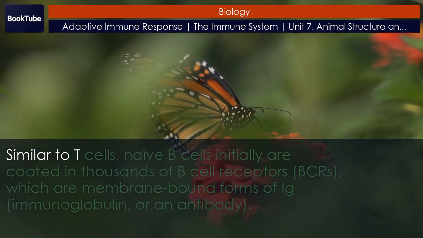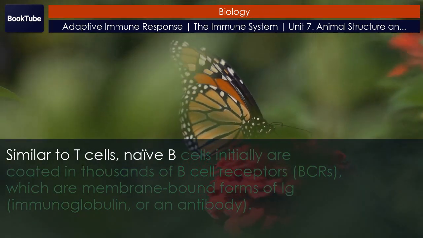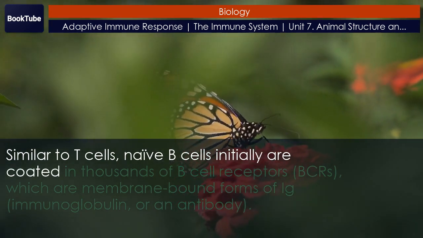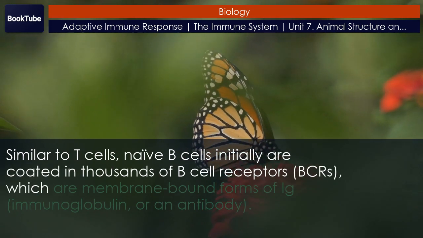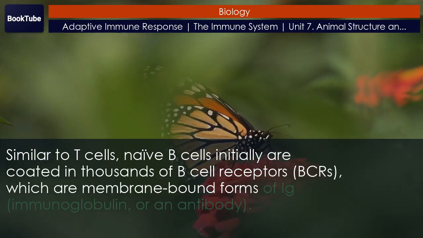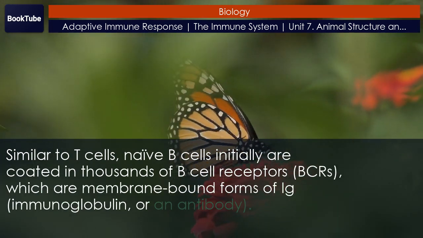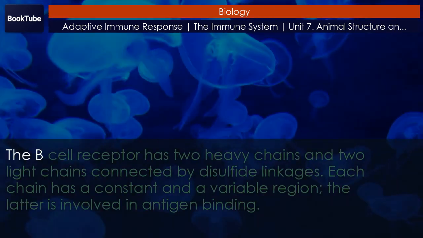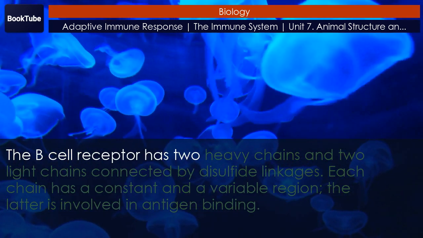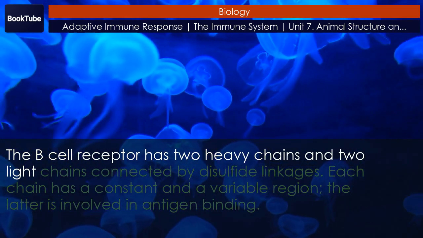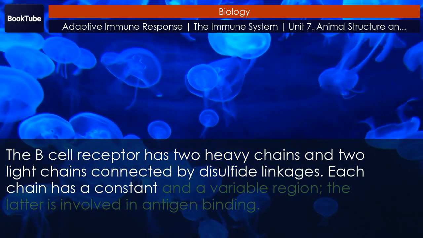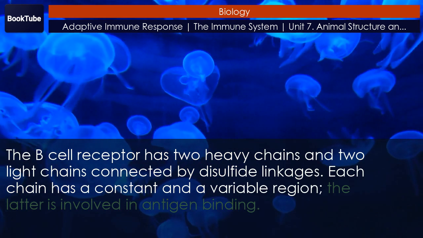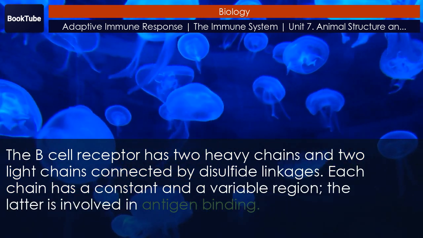Similar to T cells, naive B cells initially are coated in thousands of B cell receptors, BCRs, which are membrane-bound forms of Ig, immunoglobulin, or an antibody. The B cell receptor has two heavy chains and two light chains connected by disulfide linkages. Each chain has a constant and a variable region. The latter is involved in antigen binding.